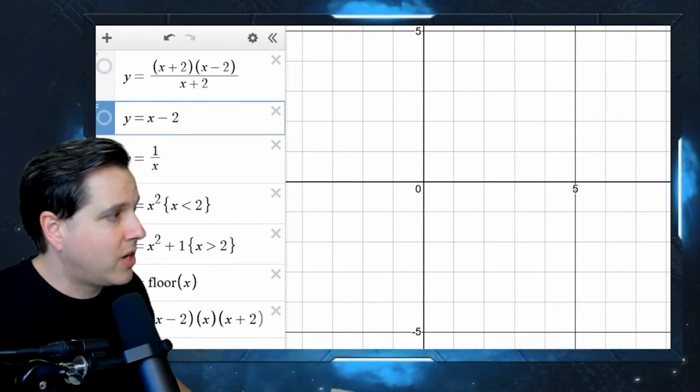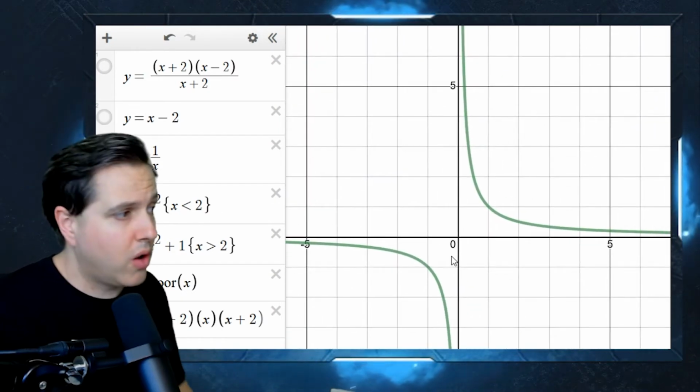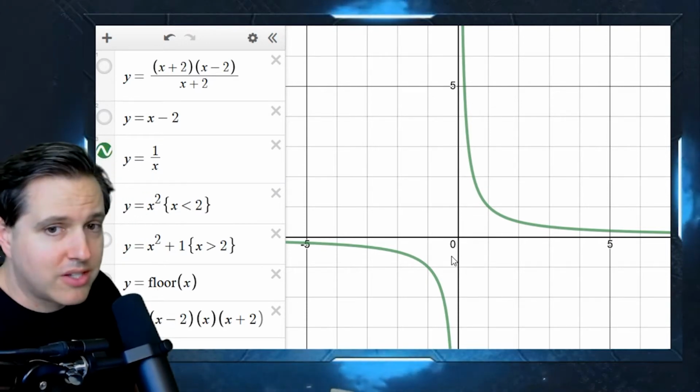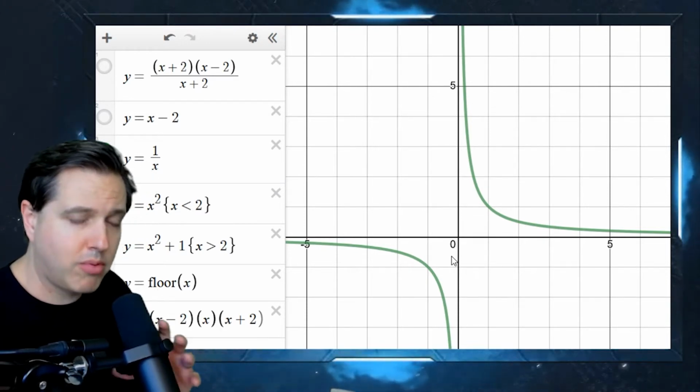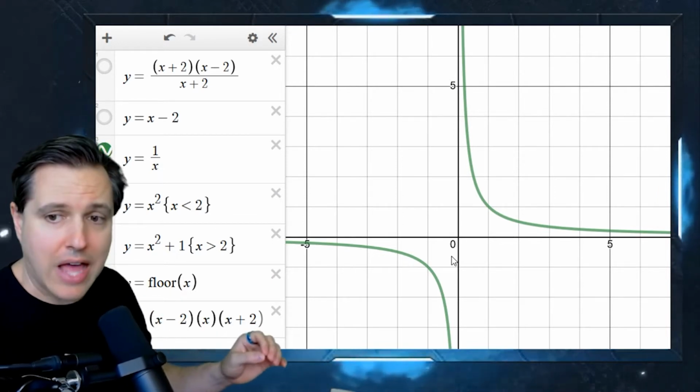Another type of discontinuity we can run across is with y equals 1 over x, right? So notice when x is equal to 0, we get a problem here, right? That problem being that we get a vertical asymptote.